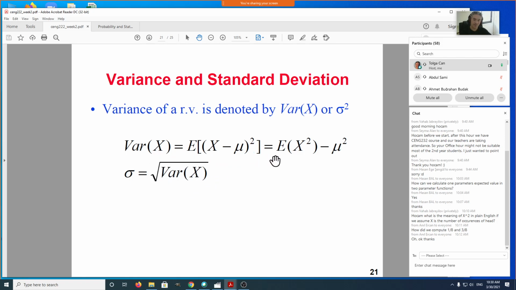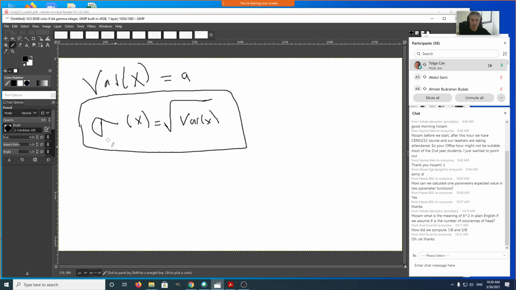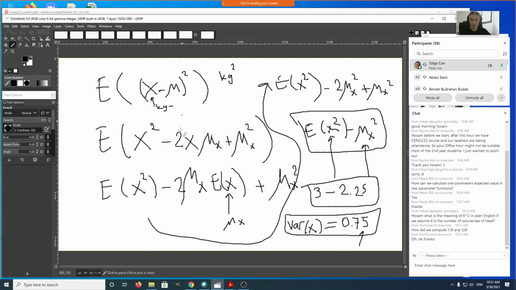The slide does not directly give the formula for variance, but I have just shown you how this formula can be obtained from linearity of expectation, by first opening up the square into a linear formula like this. But these are not linear functions, so I cannot make it E[X] times E[X].